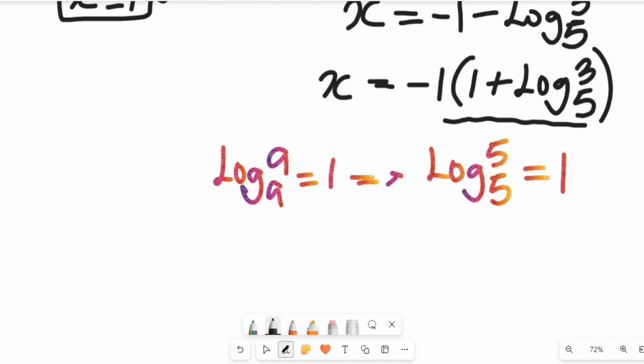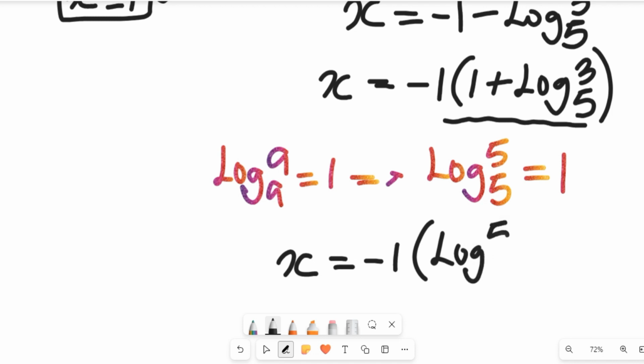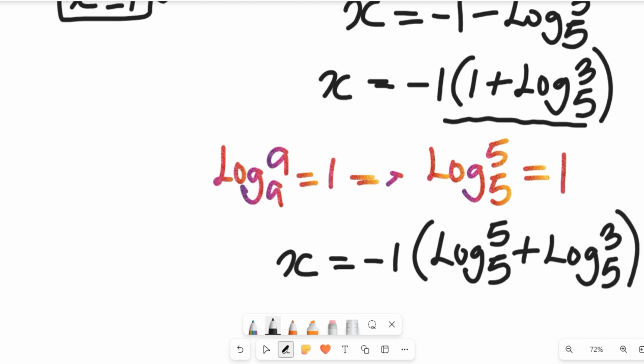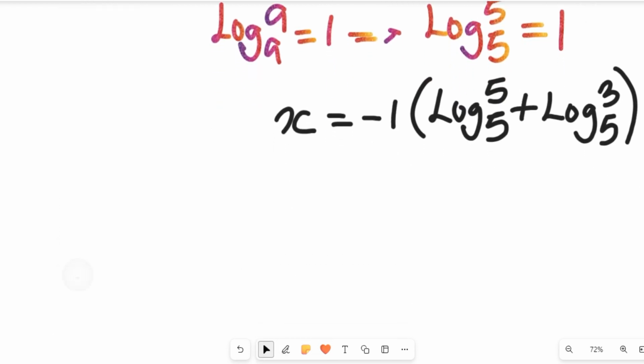So that expression will now make our x equal to negative 1 multiplied by the log of 5 base 5 plus log of 3 base 5. Now, why have we done this? It is so as to simplify that expression easily.